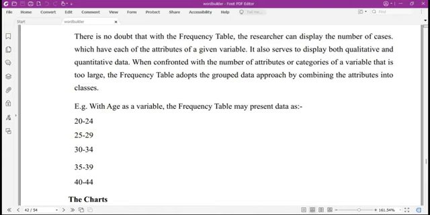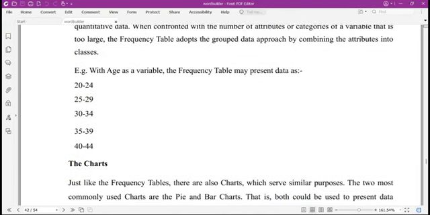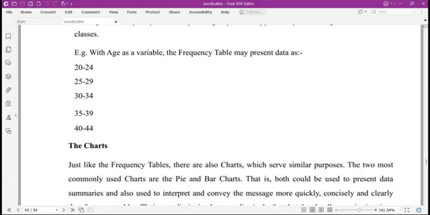Within the range of 25 to 29 years, you have 30. Within the range of 30 to 34, you have 100. I just want to introduce you to these frequency tables and charts. The next class will go back to it, where I will give you a detailed calculation so that you will understand them better.